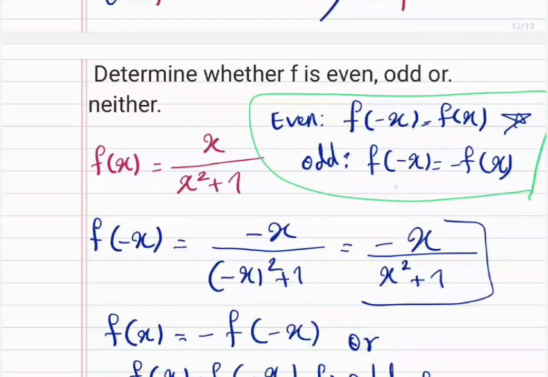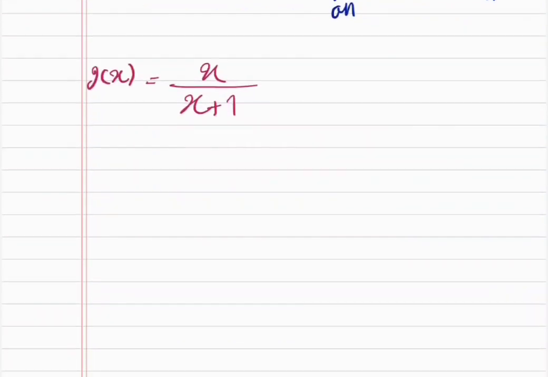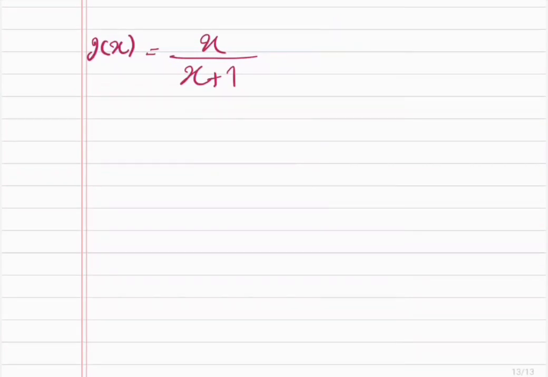If you find f of minus x and you get minus f of x, then the function is odd. And there is a third case: when you find f of minus x, you don't get either of those values. That's the case when it's neither even nor odd.